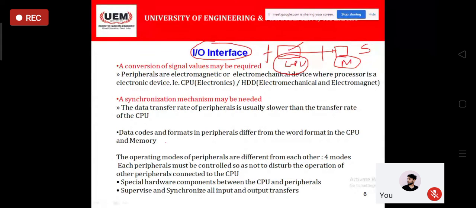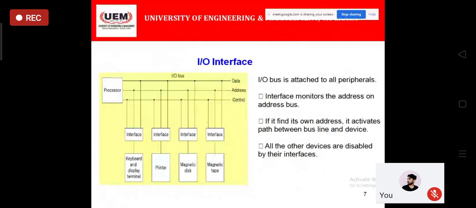Okay, so different data codes and formats in the peripherals differ from word format in the computer, so the interface is going to make some compatibility, I can say, in short. Okay, so all the related theories are there: supervise and synchronize input output and what jobs they are doing.